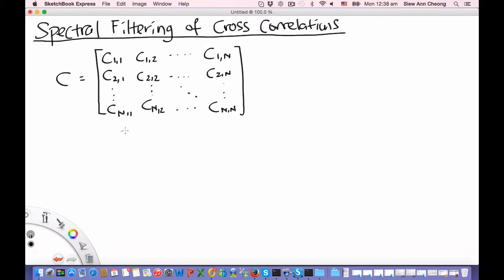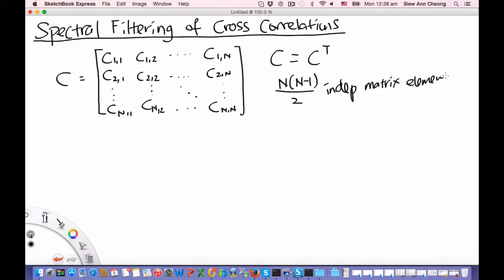In this case, we see that the cross correlation matrix must be symmetric, and it contains n times (n minus 1) divided by 2 independent matrix elements. That is a very large number of independent matrix elements, especially if n is of the order of a few hundred to a few thousands.